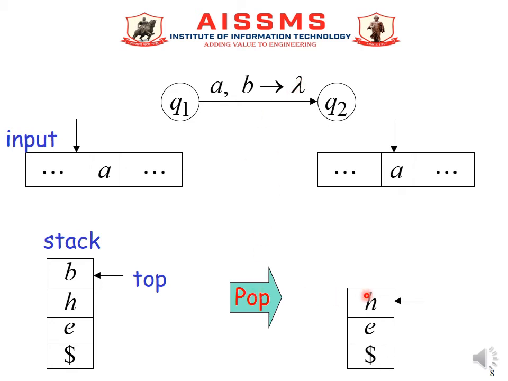So, my updated stack will look like this: B is popped from the stack, and the empty symbol is pushed. Because it is an empty symbol, we need not show anything on the top of the stack. So, this is the pop operation.